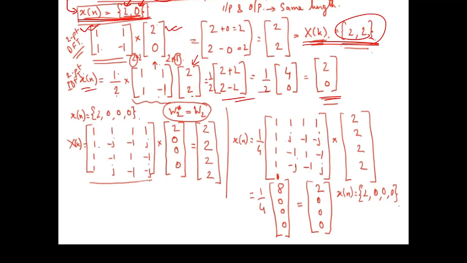Similarly, if I ask you to perform 4-point DFT, then you will be adding 2 more zeros to make it compatible for 4-point DFT. Again, total factor matrix we have calculated. You just put the values, you get the thing. Again, you can perform the inverse Fourier transform and you can go back to the original signal.